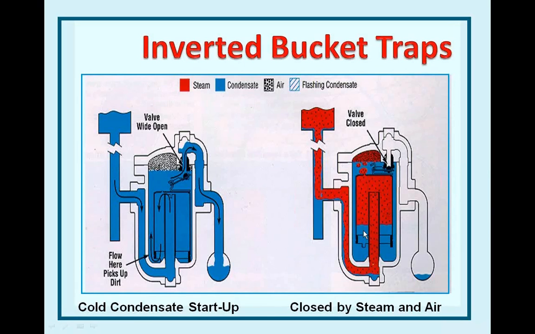This is often referred to as the prime within a bucket trap. If you don't have water down here, the steam's just going to flow through and out. So the water actually forms that seal.